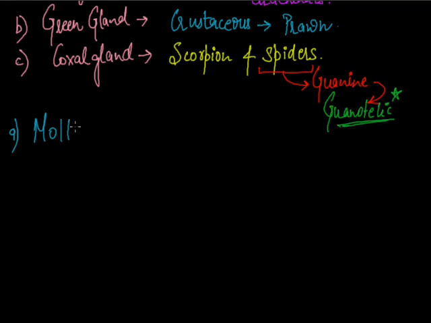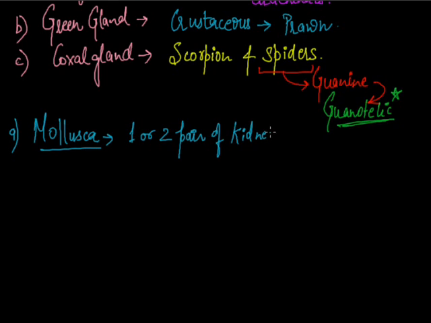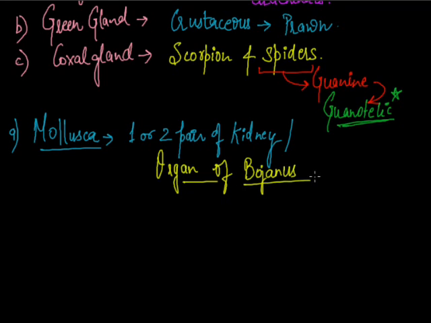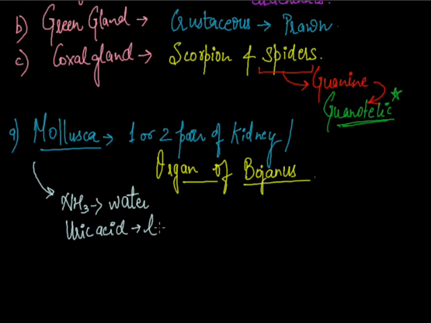The next non-chordate is mollusca. Mollusca have one or two pairs of kidneys, or they have the organ of Bojanus for their excretion. They excrete ammonia when present in water and uric acid when present on land.